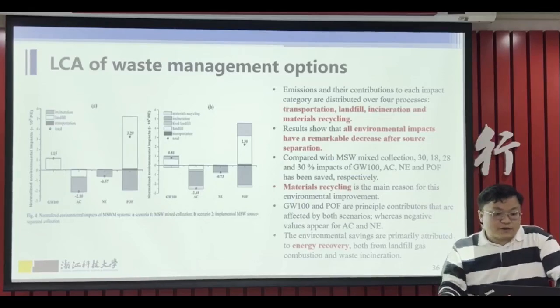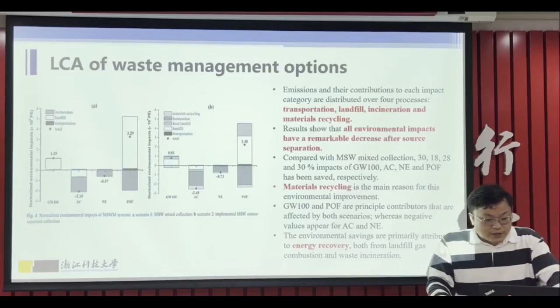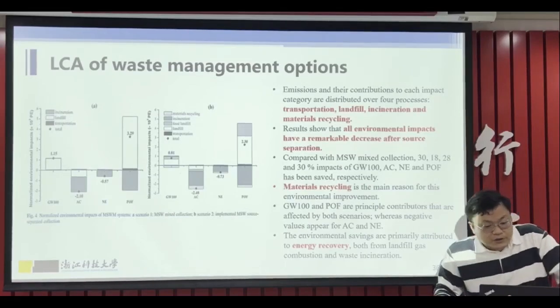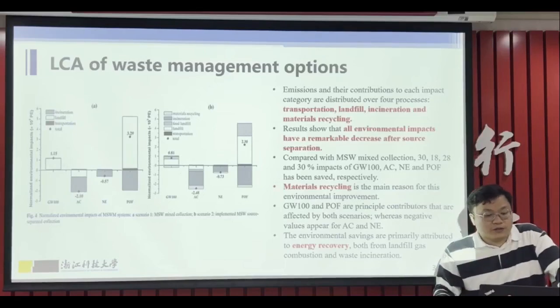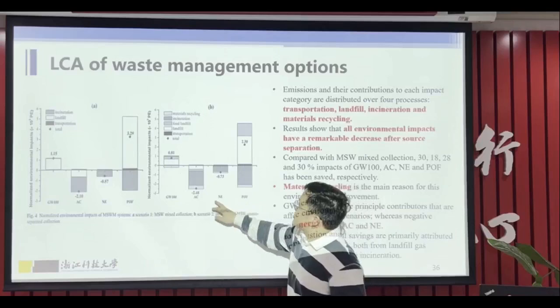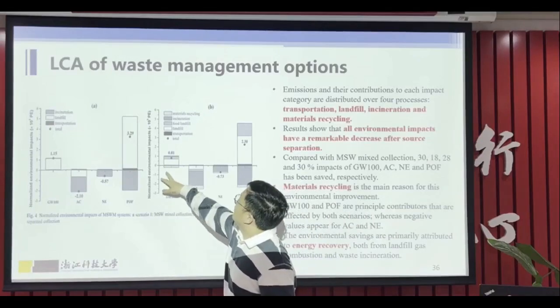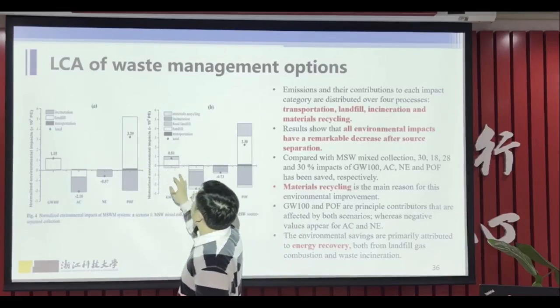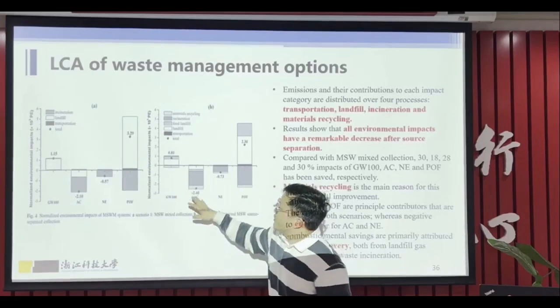The first one is transportation, and then landfill, and then incineration and materials recycling. Results show that all environmental impacts have a remarkable decrease after source separation. As we can see, after source separation, all the total emissions of the system have a remarkable decrease.